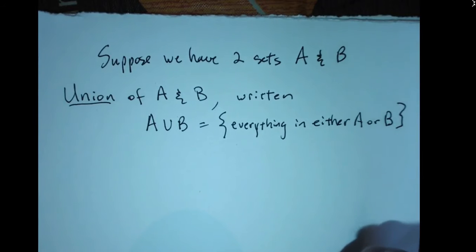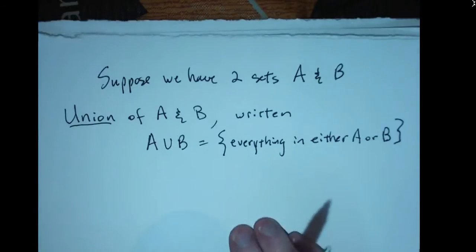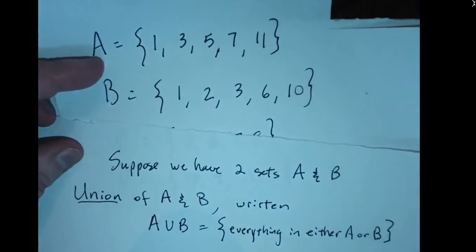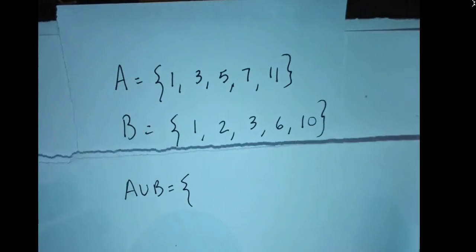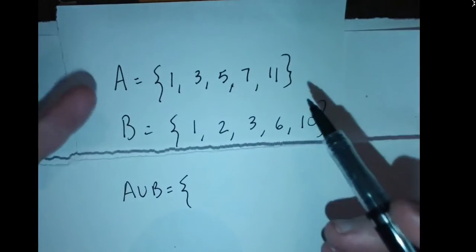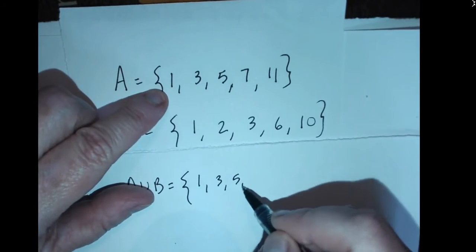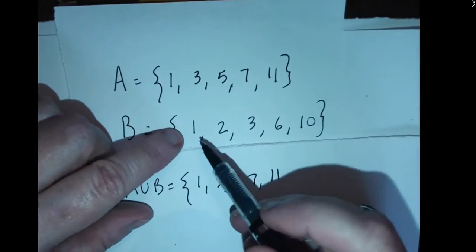Okay, so if I've got something like this, and I want to do A union B for that one, what you can do is write down the first set or the smaller set first, as it is, and then add anything in the second set, but you just don't want it repeated.